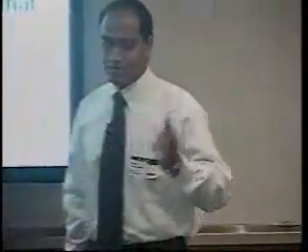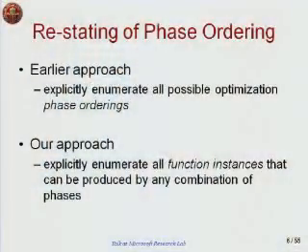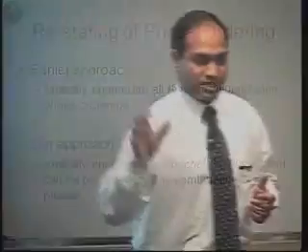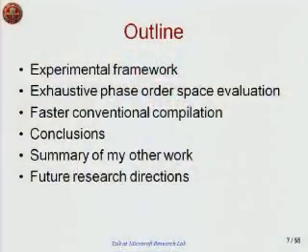So this was the main intuition I started out with: don't concentrate on enumerating and evaluating all possible phase orderings. Instead, try to enumerate all possible function instances that can be produced by the different phase orderings, which is a much smaller problem.